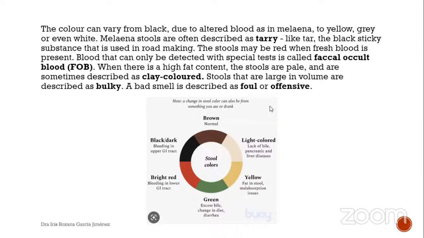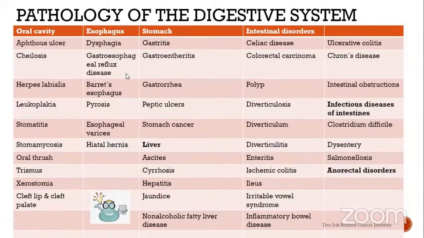So let's take it into account. Now, pathologies, you got this chance. I divided it into the oral cavity, esophagus, stomach, and the intestinal disorders. Take all of this into account, read all of this. It's just a general view, not too high. Then we are taking into account the liver and the infectious diseases and the rectal disorders that are so small.